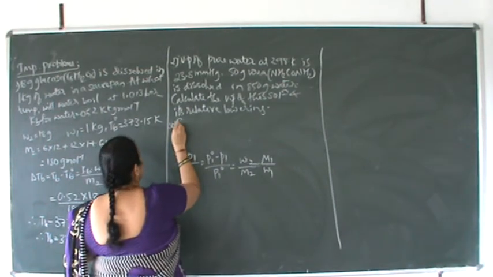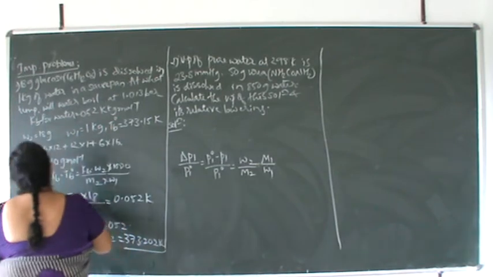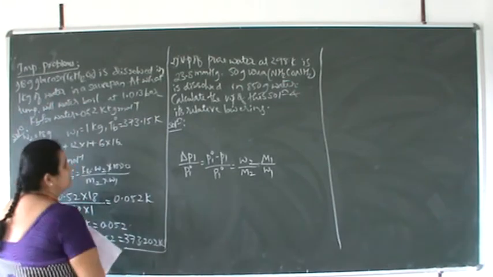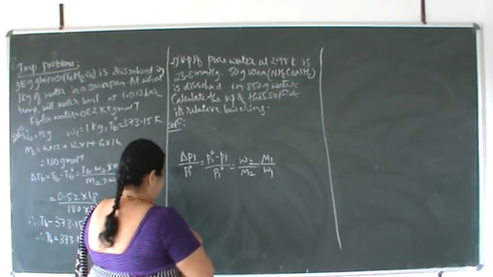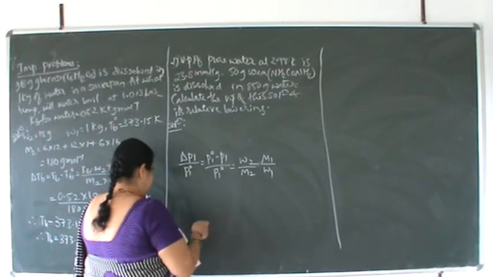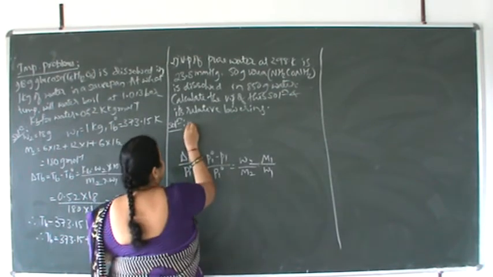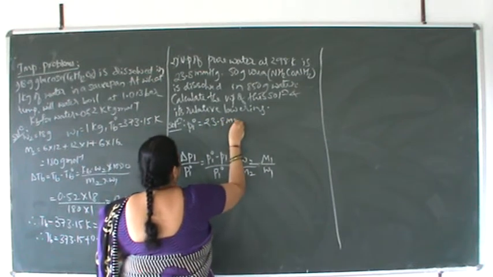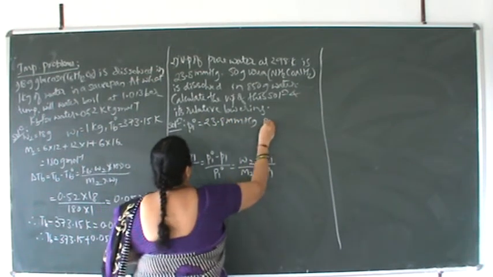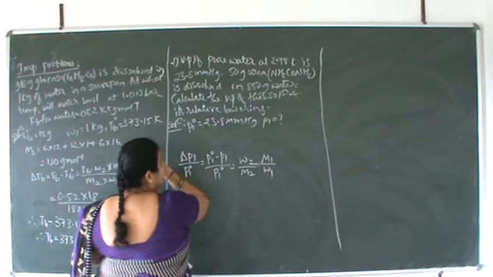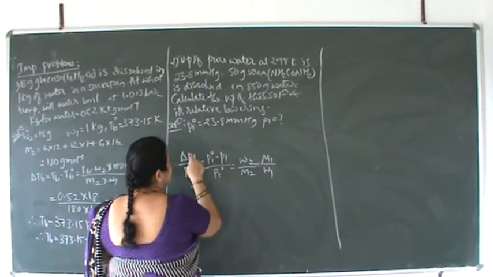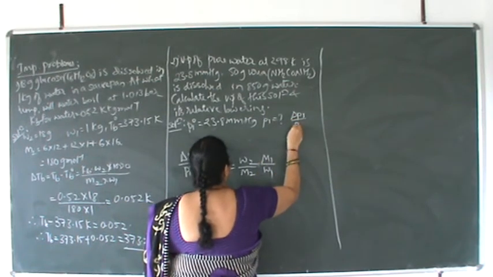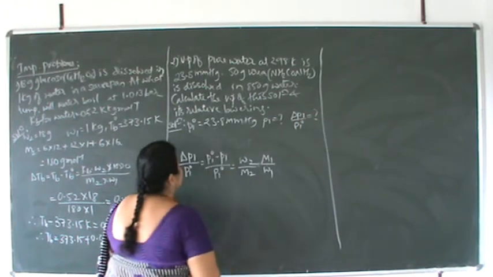Solution. So here, vapor pressure of pure water is given, so that it will be P1 naught. P1 naught is equal to 23.8 mmHg. P1 we are asked to calculate, and relative lowering. Relative lowering means this is the relation, delta P1 divided by P1 naught is equal to question mark.